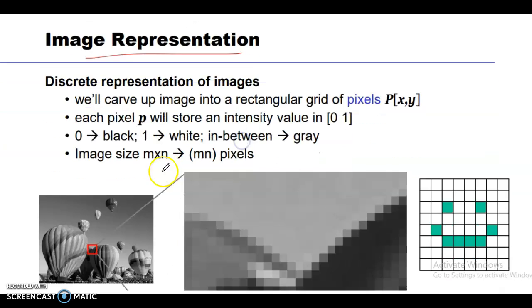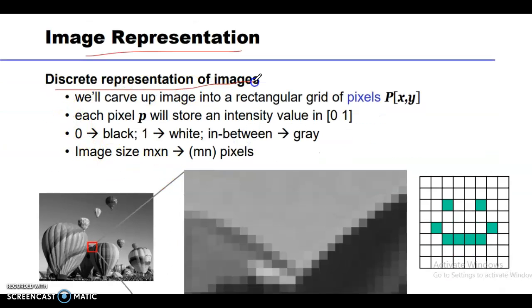Image representation, discrete representation of images. We carve up the image into a rectangular grid of pixels p of xy. Each pixel p stores an intensity value in 0 to 1, 0 black, 1 white, in between gray. Image size m cross n, mn pixels.